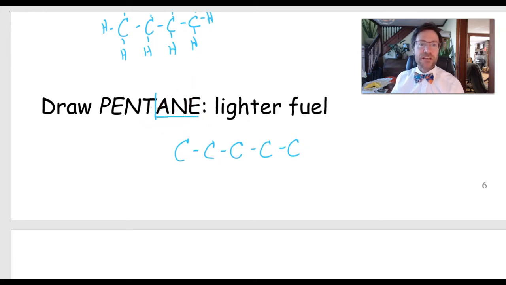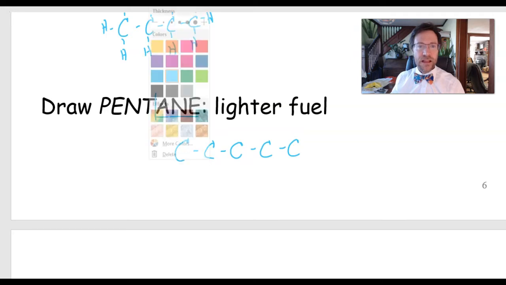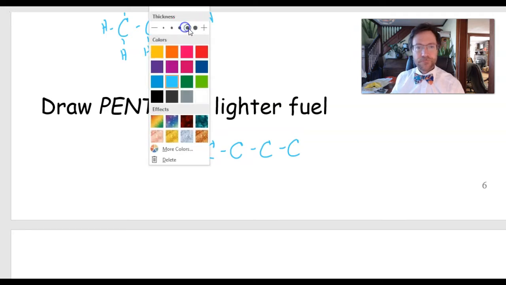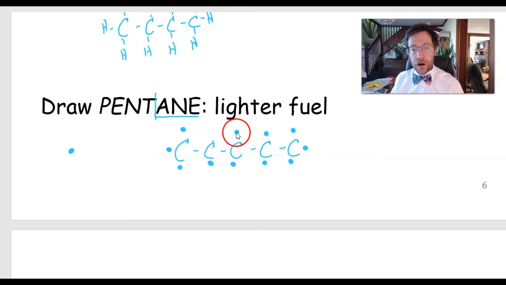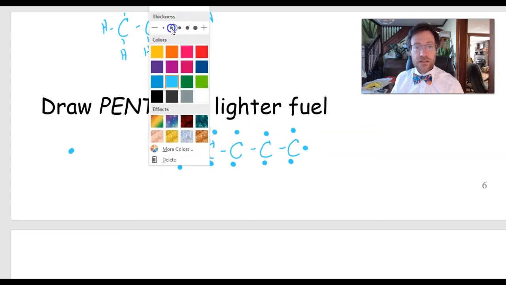But look, I'm gonna do this for right now because I don't have time. So I'm just gonna do a dot for every hydrogen. Making sure that every carbon has 4 bonds. Look at that. Isn't that easy? It really is. It actually really is just that easy.